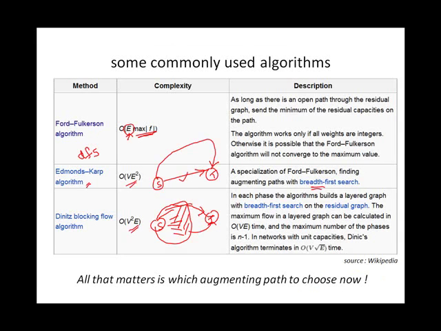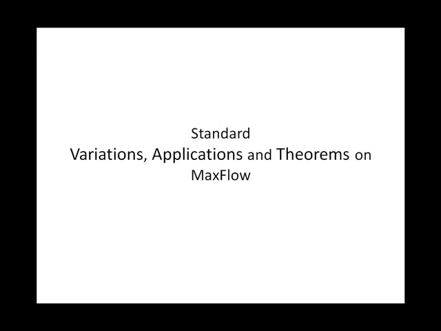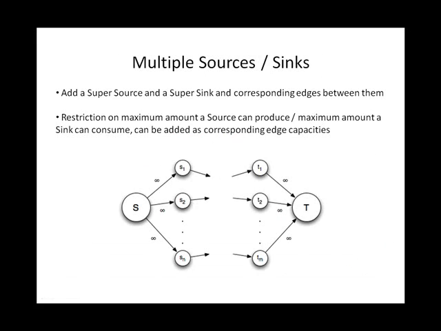Let's look at some standard variations and applications and some theorems related to MaxFlow. The first natural question is, looking at the example of the trucks we considered just now, what if I have factories located at many different places in my country?